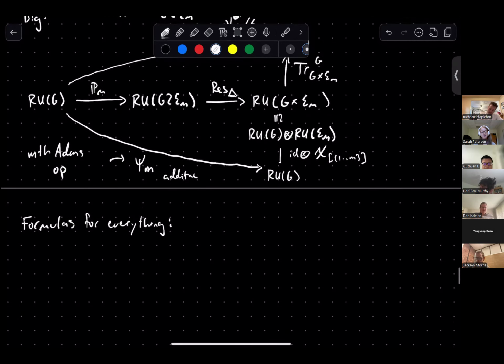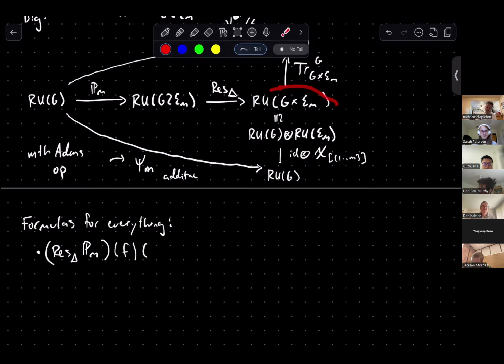So let's start with the formula for the restriction along delta of PM. If I evaluate this on some class function f, so f is in CL of G, taking values in Q adjoin mu infinity, then I need to evaluate the resulting thing.